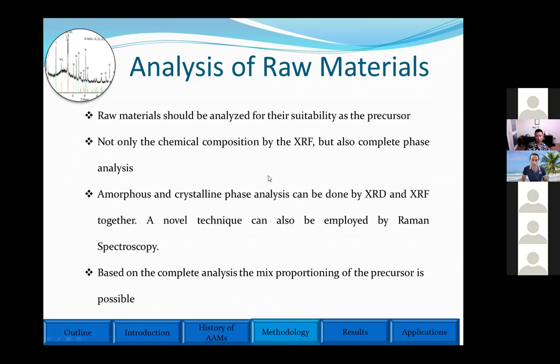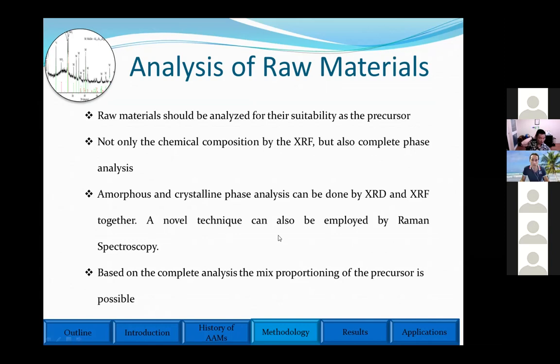But what we've done more was study the precursor and the reactions more by XRD. By the combination of XRD and XRF, we could get the quantitative study on the amorphous and crystalline phases of precursors.